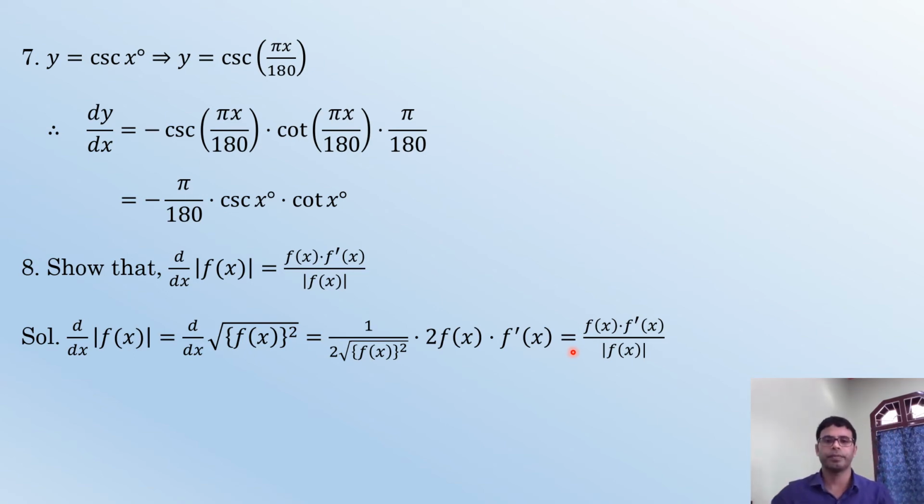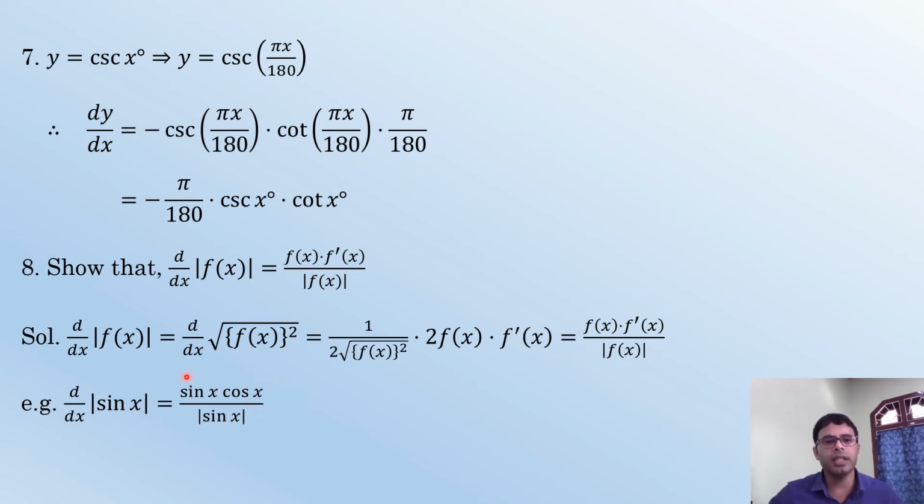So this may be used as a formula for finding the derivative of any modulus function. Let me take one example for this. d/dx of mod of sin x. You see, by this formula or theorem, it is f(x) into f dash x, that means sin x into the derivative of sin x, and that is cos x divided by mod sin x.